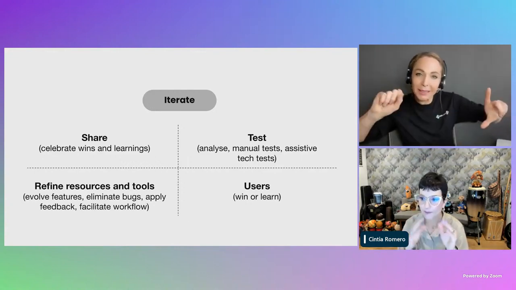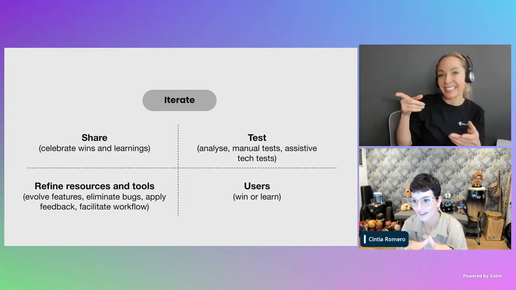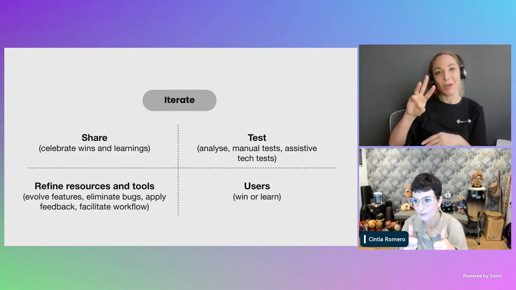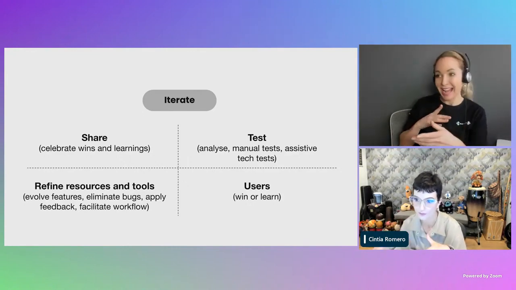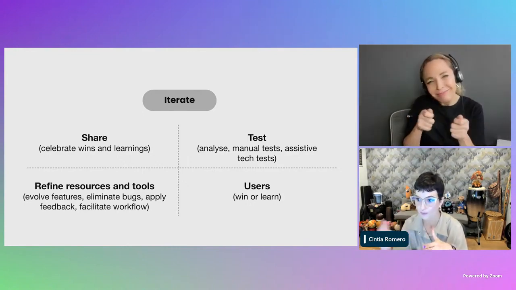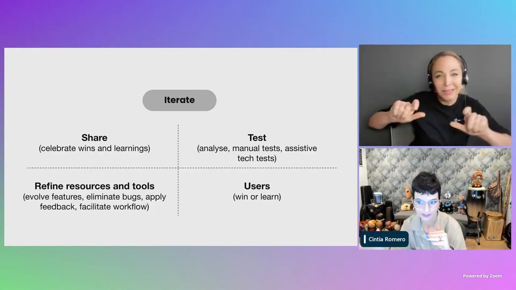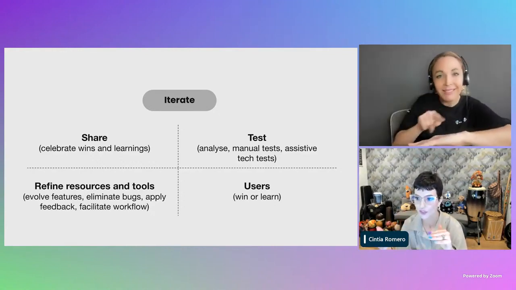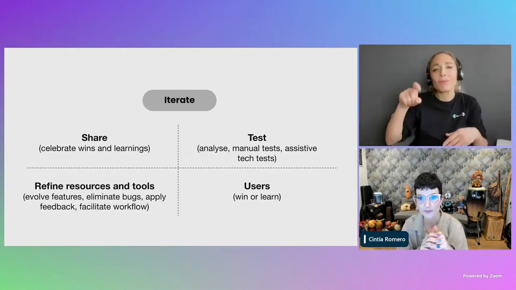And they said, oh, but we are meeting WCAG. This is the minimal target area. Okay, this is the minimal, but can we iterate to see if we can go a little bit more and see how it behaves? Maybe it's better for mobility. So we need to think about what our users need. Maybe they don't need that, but we should provide options to evaluate what is better for our users.